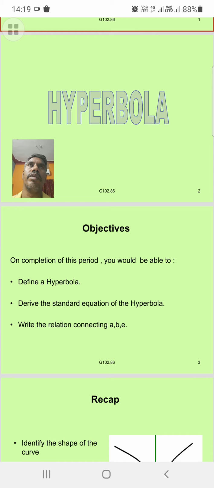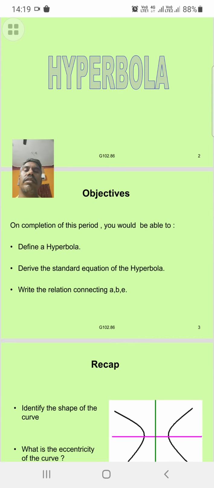And in the parabola, we have 8 forms. 4 forms contain its center or its vertex at 0, 0, the origin. The remaining 4 forms have its vertex at h, k.